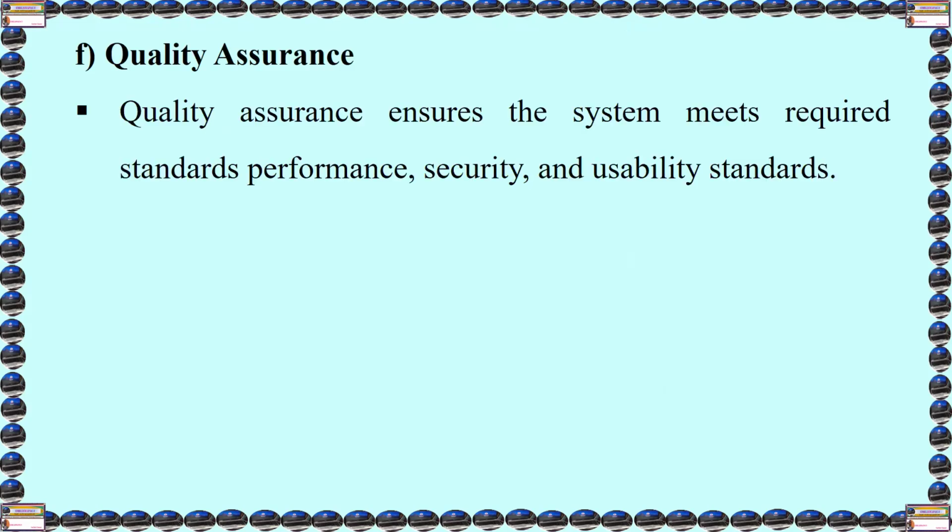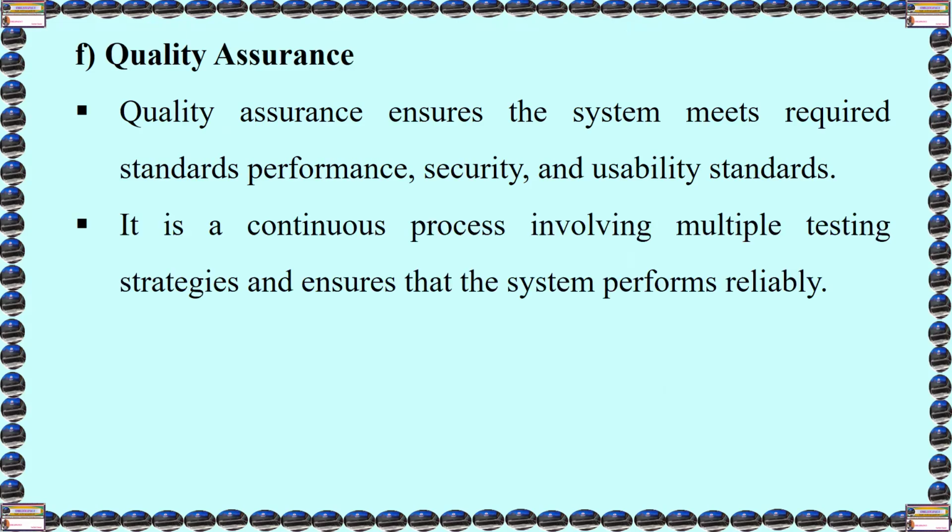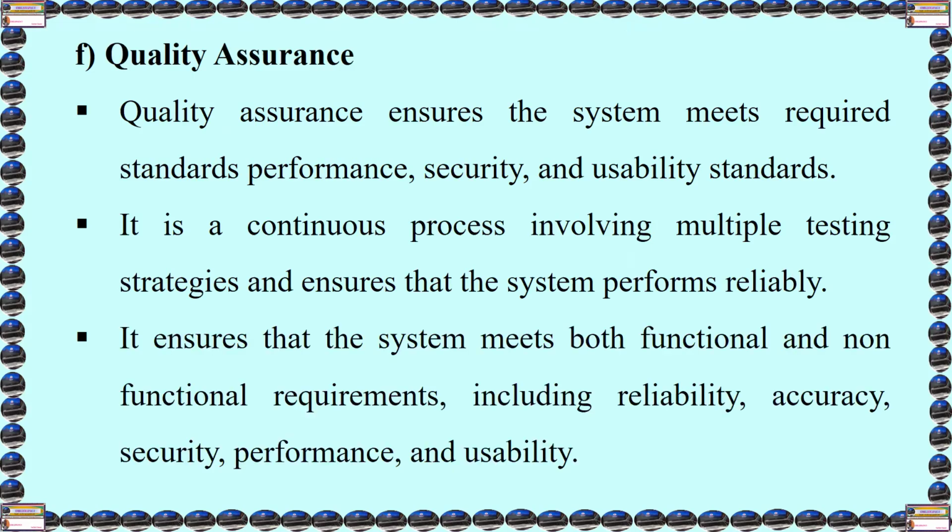Quality assurance ensures the system meets required standards, performance, security, and usability standards. It is a continuous process involving multiple testing strategies and ensuring that the system performs reliably. It ensures that the system meets both functional and non-functional requirements, including reliability, accuracy, security, performance, and usability.